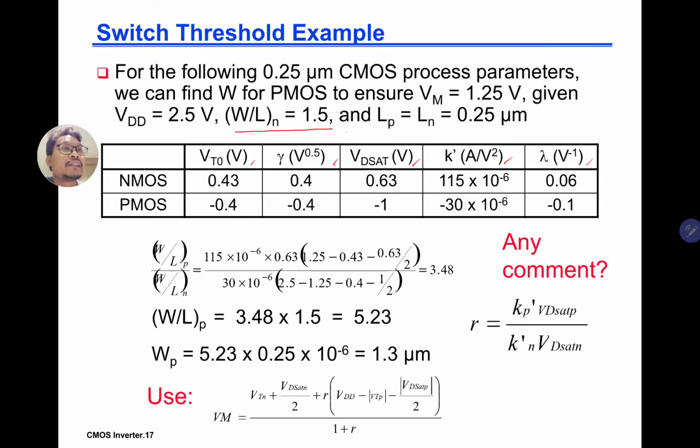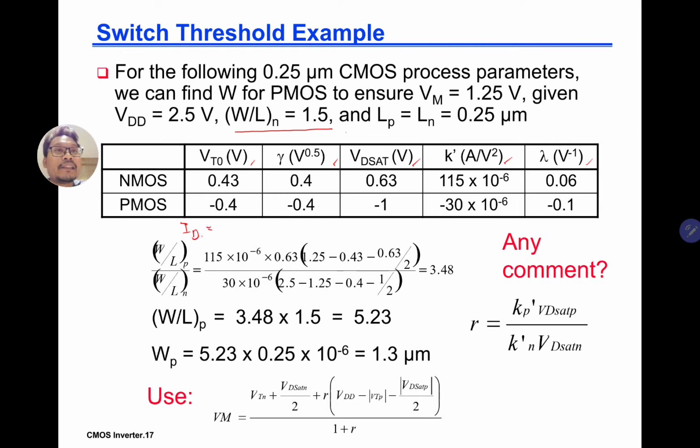So what is the current equation? We know that the current will flow through both the PMOS and the NMOS, and the current equation we are going to use is the current in the velocity saturation region. So what is the equation for current in velocity saturation?